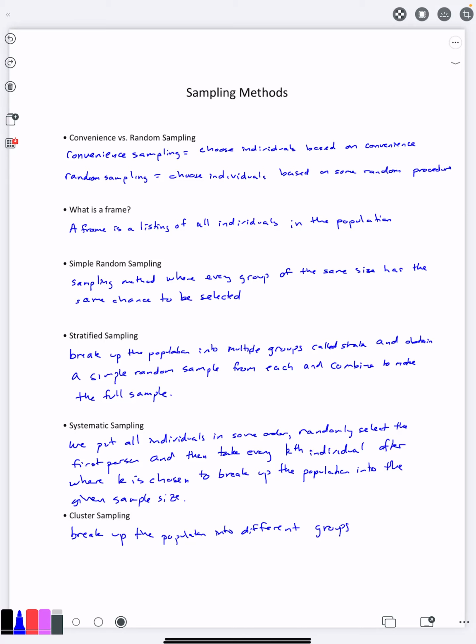But instead, for cluster sampling, once we break up the population into a bunch of different groups, then we randomly choose one group and take every individual in that group.